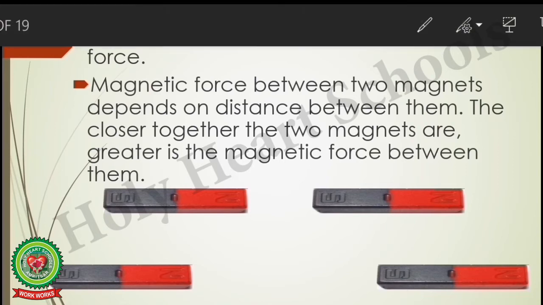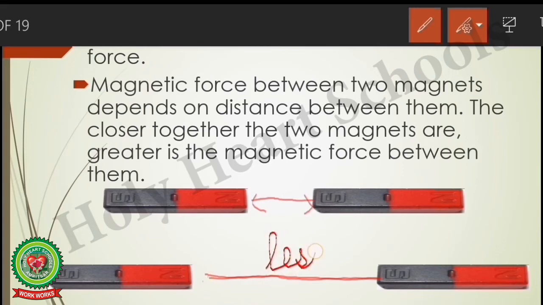As shown in the diagram here, in first case, there is less distance between two bar magnets, so there will be more magnetic force between them. But when the distance is increased, in second case, there will be less magnetic force between these two magnets. It means closer together the two magnets are, greater is the magnetic force between them, right?